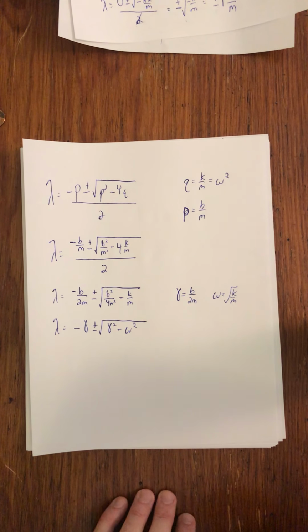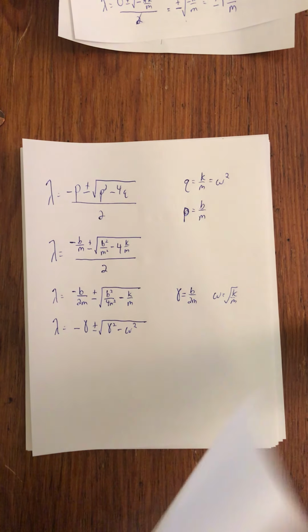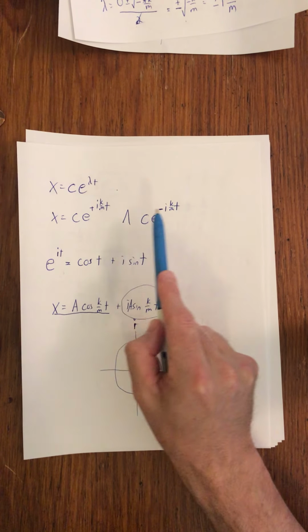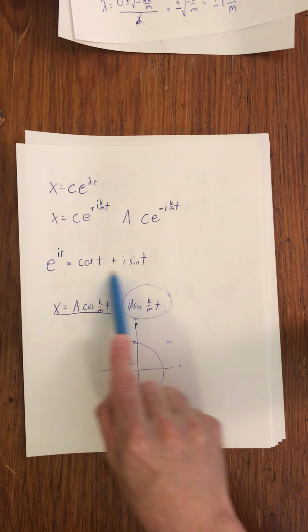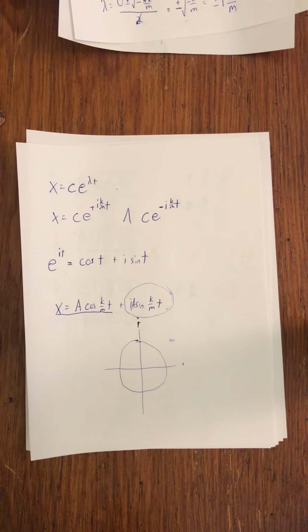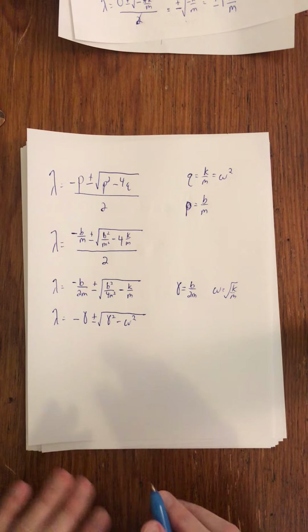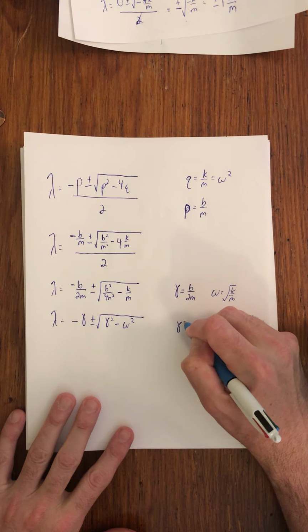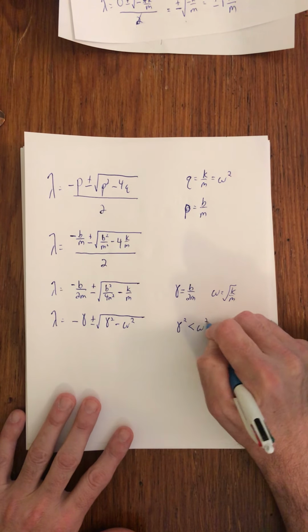So now, here's the thing. Notice, using this idea here, it was only when I had an imaginary number here that I ended up with sines and cosines. Meaning, for this thing to go into any sort of periodic motion, gamma squared has to be less than omega squared.